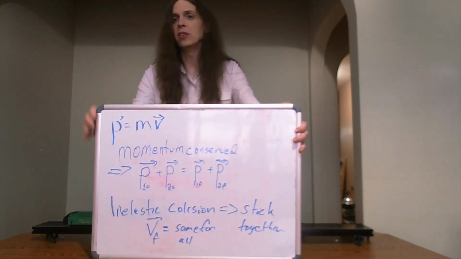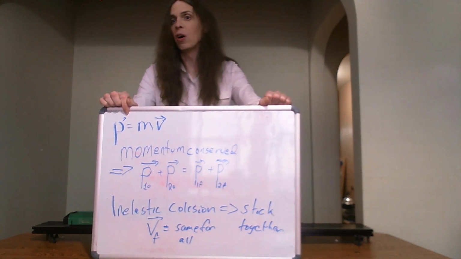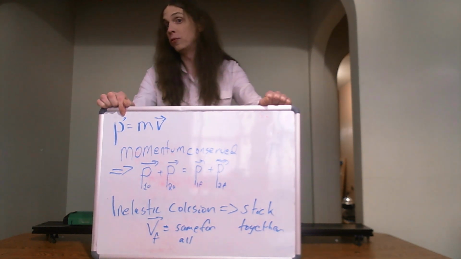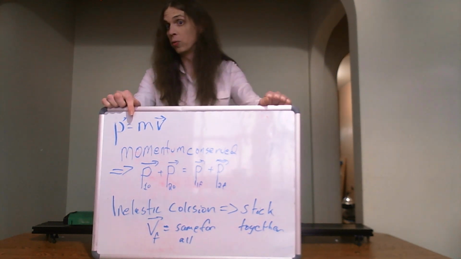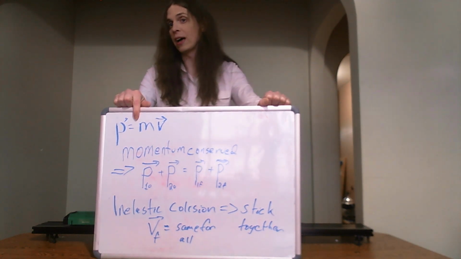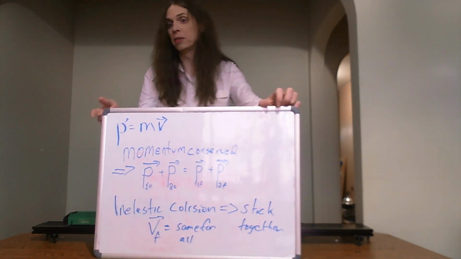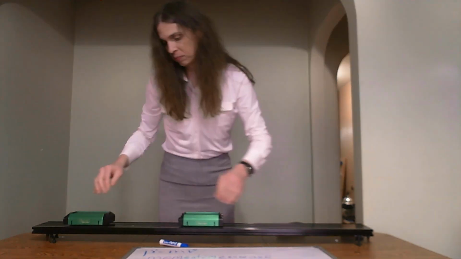And since before the momentum was confined to one cart with just one of these masses, but it has to be spread across twice the mass at the end of the collision, that final velocity will wind up being half the speed. So let's see how that plays out.